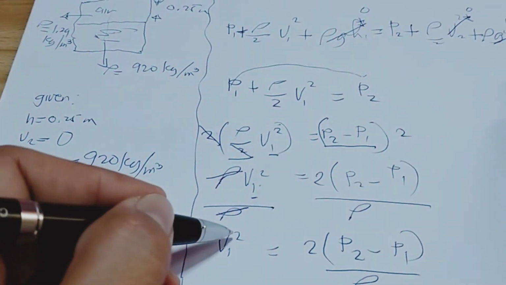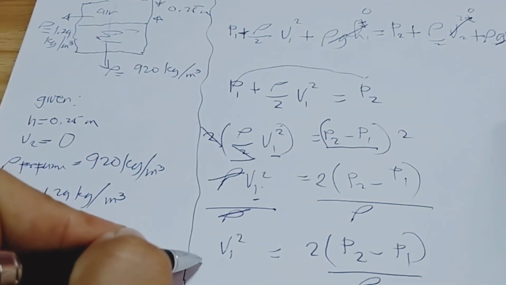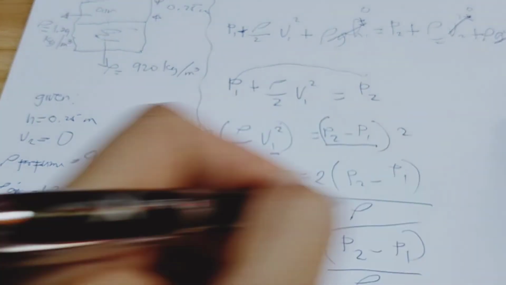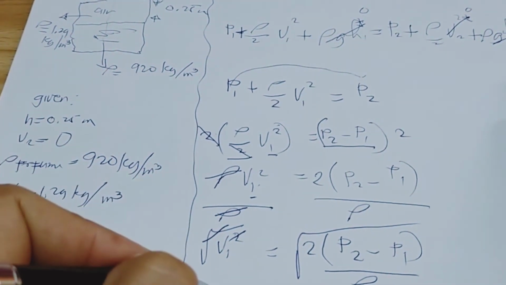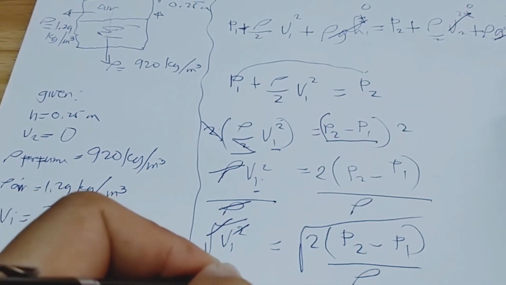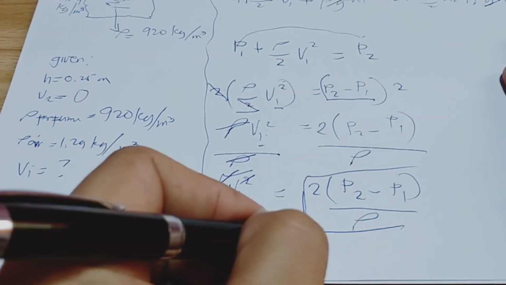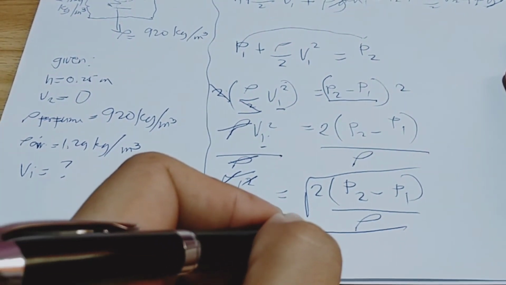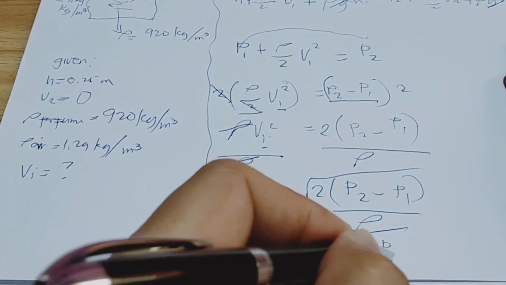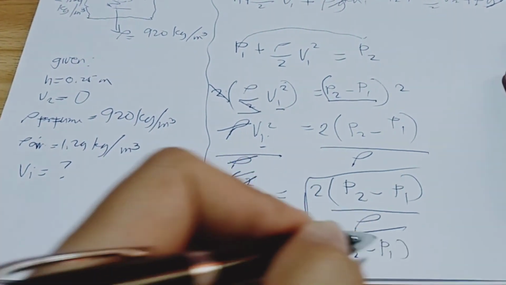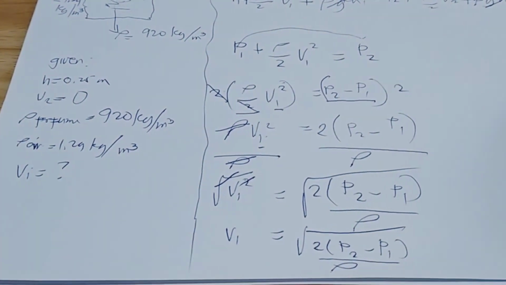Para maalis natin itong 2 dito, ang gagawin lang natin is square root natin yung both sides. So you have now v sub 1 is equals to the square root of 2 times p sub 2 minus p sub 1 over density.